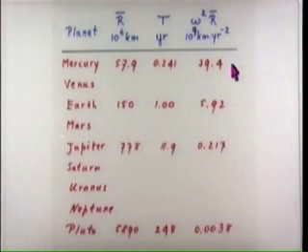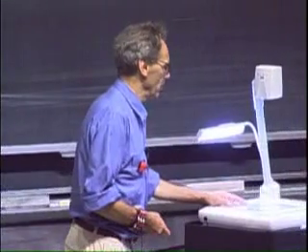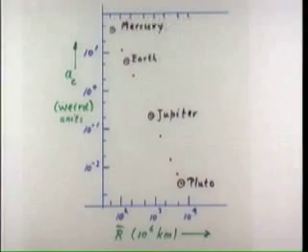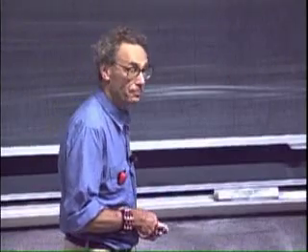So what I did was, I plotted this data, the centripetal acceleration versus the mean distance to the sun, and I did that on log paper. And what immediately is very striking is that all these points, I've done them for all the planets, they fall on a straight line.